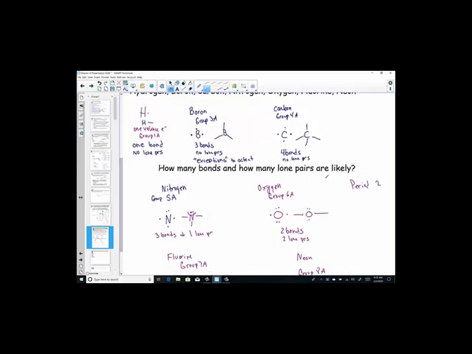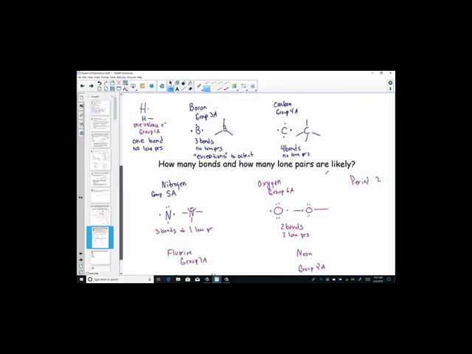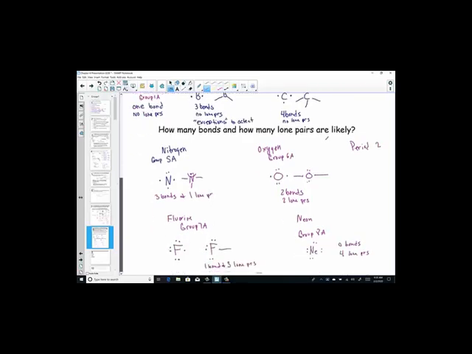Nitrogen, with its 5 valence electrons, 3 bonds and 1 lone pair. Oxygen then had 6 dots, 2 bonds and 2 lone pairs. The halogens would have 7 dots, so that's 1 bond to 3 lone pairs, and those halogens all follow that same trend. And then of course the noble gases, no bonding and 8 dots.